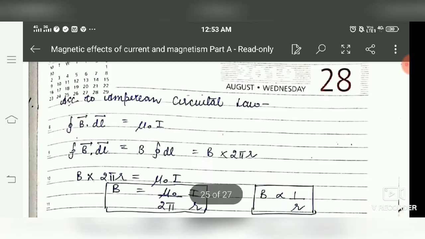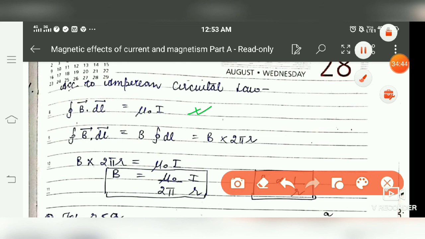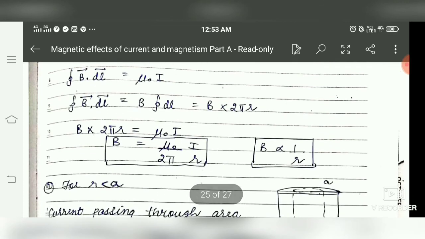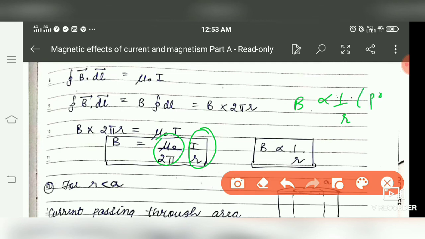So in this case, according to Ampere's law, if we take the integral of B dl, the value of dl is 2 pi r. So from here we get B equals mu naught by 2 pi into I by r. So from here we get B is inversely proportional to r for a point outside the wire.